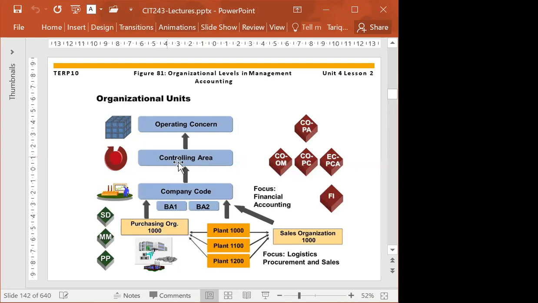But if there is no controlling area, then we cannot use managerial accounting. This company code is for financial accounting. If there is no company code, we cannot use financial accounting. So these 2 are the basic main organizational units: this is for controlling and this is for financial accounting.